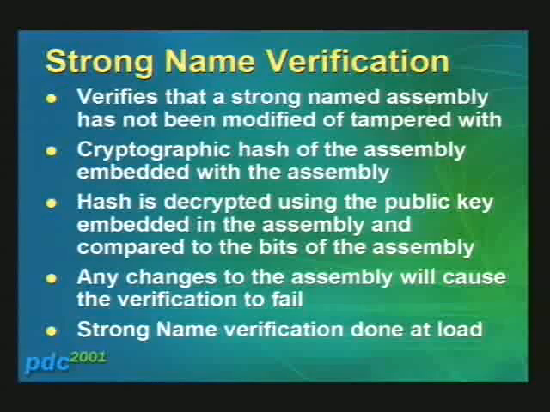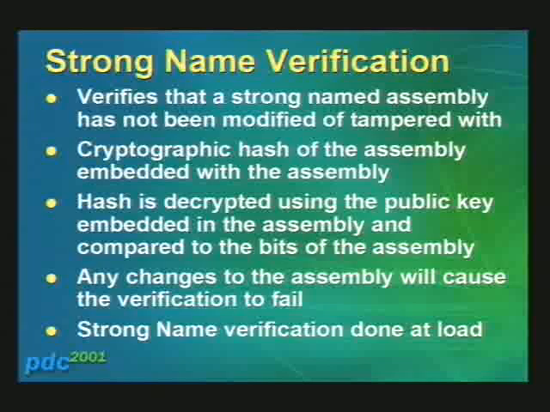At load time, when somebody actually builds an application that references your assembly, when that assembly is loaded, we take that hash and decrypt it using the public key that's provided in the assembly identity there. We take the bits of the assembly and rehash those and make sure that those hashes match.